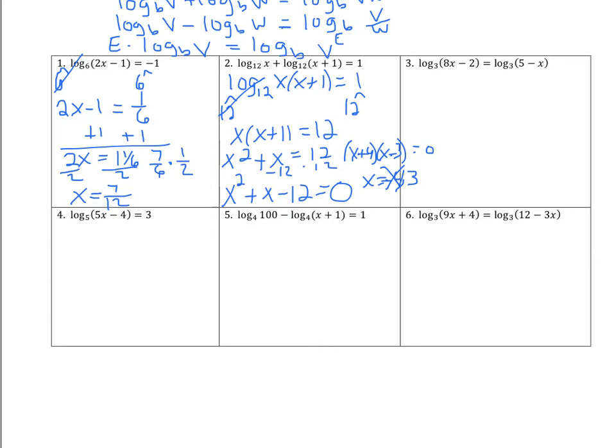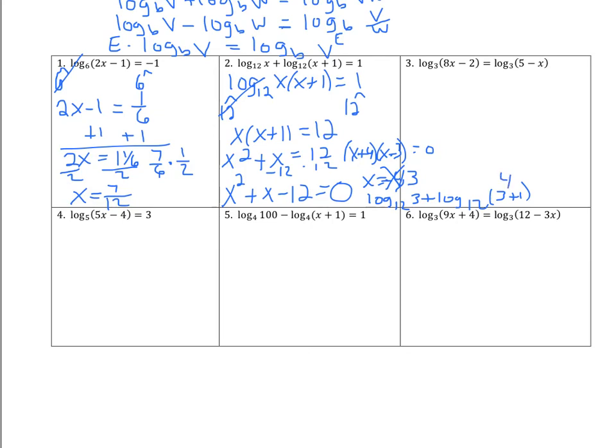Let's try 3. So does log base 12 of 3 plus log base 12 of 3 plus 1 equal 1? I plug in 3 for x, so I have log base 12 of 3 plus log base 12 of 3 plus 1, and 3 plus 1 is 4.